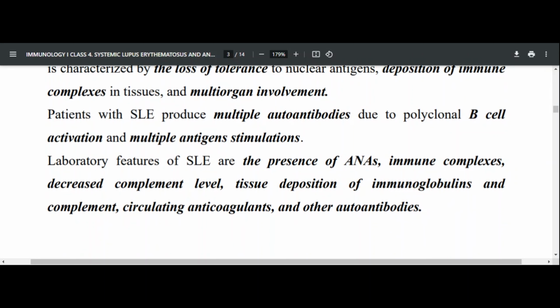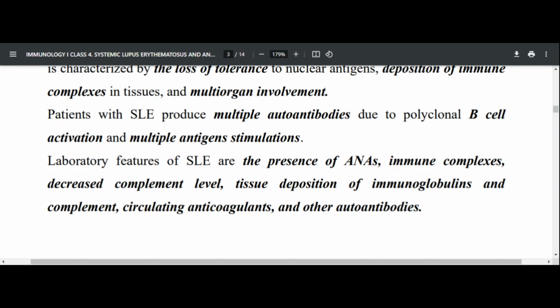Those antibodies affect multiple antigens. Because of multiple antigen stimulations, B cell polyclonal activation takes place, and multiple antigens enable B lymphocytes to synthesize multiple antibodies against those antigens. Of course, most of them are self-antigens.